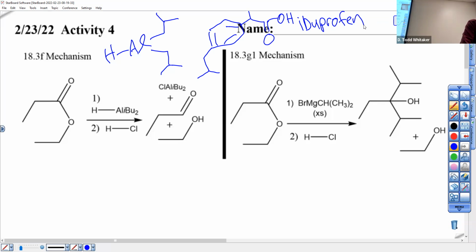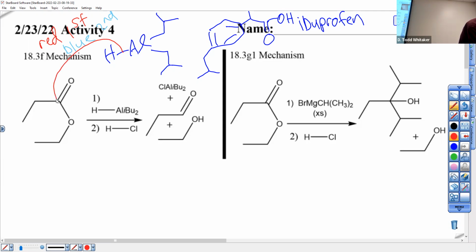And what happens in this one is we're going to go red first, blue second, and we're going to be pretty much done. It's an easy mechanism. H minus really doesn't happen.